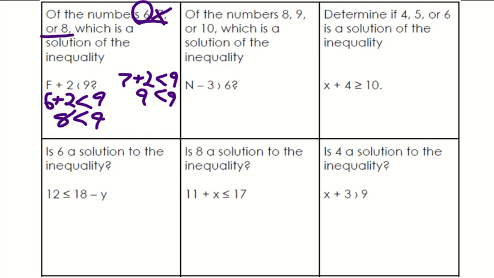See how this works? For those there, just one of the numbers works. Sometimes they'll give you problems where more than one is correct. And those bottom 3 are just basically yes or no questions.